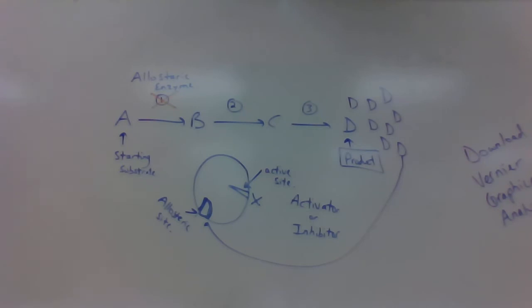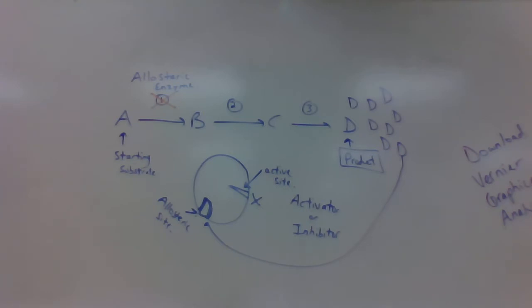And that should make a lot of sense to you, because if we have enough D, do we want to waste energy making more? No. So you want to turn off this pathway until you need to make more D. Doesn't that make a lot of sense to you?